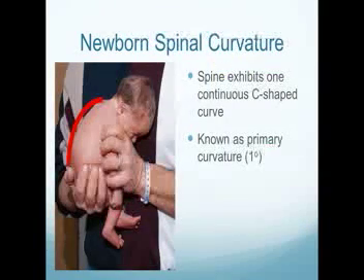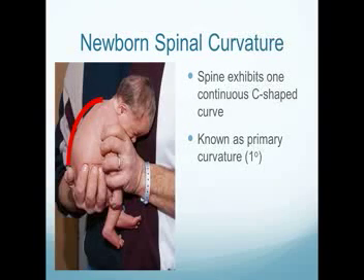Now, when we look at the spinal curvature, we'll do just a little bit of infant development here, and how we see what we call the primary curvature or a C-shaped curvature develop into an adult secondary curvature, and then subsequently the full S-shaped spinal curvature.